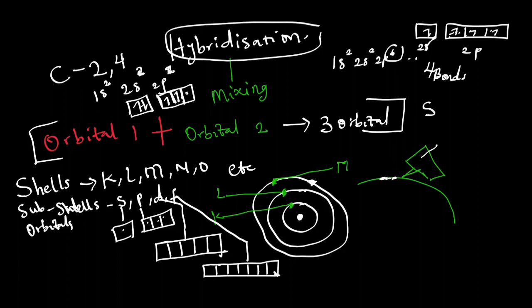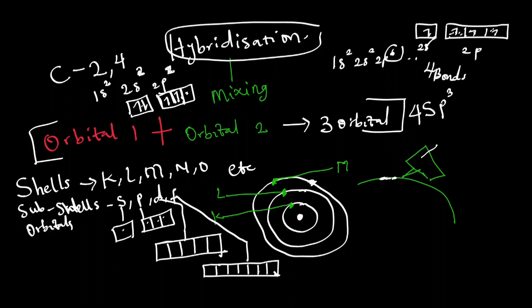Good. So how many p are here? 1, 2, 3. sp3, right? So when carbon undergoes hybridization under normal conditions, it forms 4 sp3 orbitals. Do you get that?